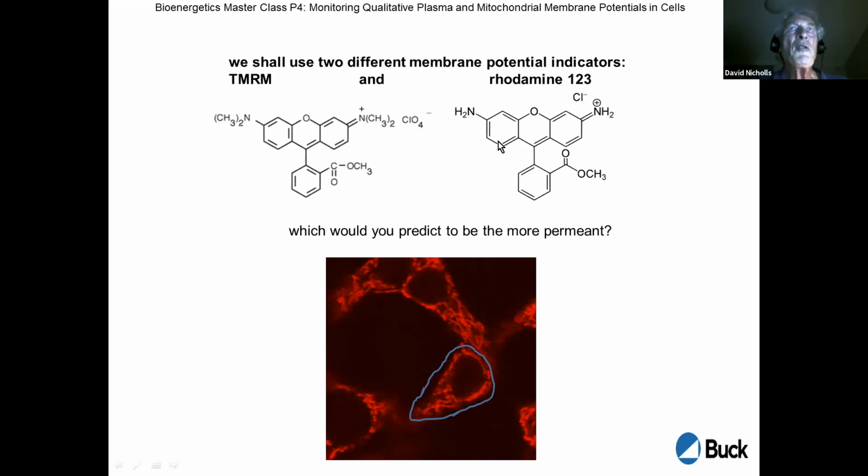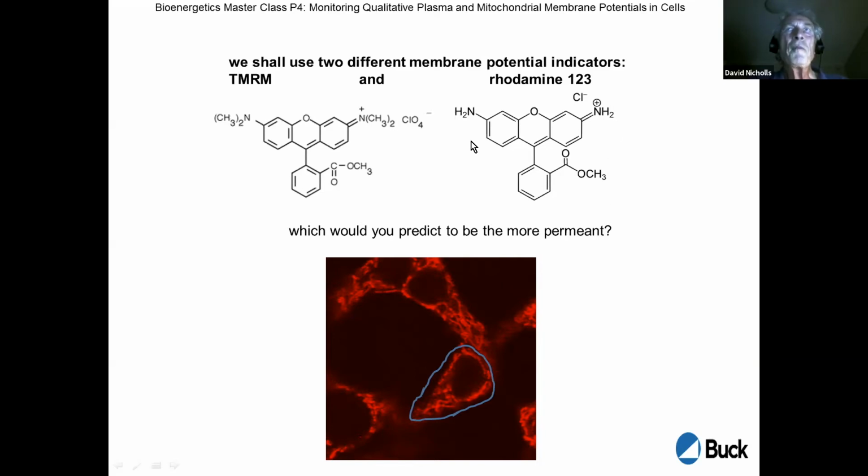Very closely related to tetramethyl rhodamine ester is rhodamine 1,2,3. You can see the only difference is that the nitrogens, instead of having two methyl groups, have two hydrogens. And an important factor for permeation is that these compounds should be as hydrophobic as possible. And so the clear difference is that these have additional methyl groups and these have hydrogens.